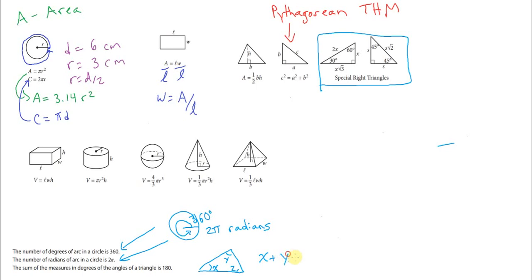X plus y plus z is equal to 180 degrees. Okay, so this can be very helpful. If you're given 2 of the angles, you can find the third. Okay, and these are the formulas that you're given on the SAT.